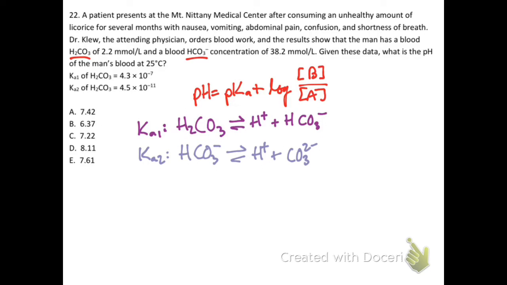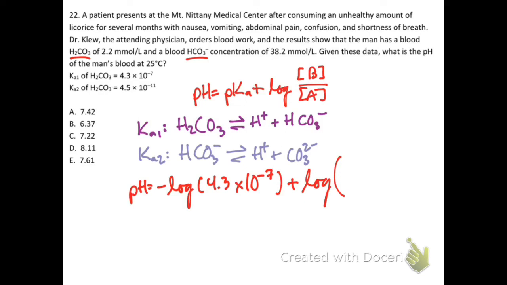So we can plug everything in. pH is equal to pKa, negative log of Ka1, 4.3 times 10 to the negative 7th, plus the log of our base concentration, 38.2 millimolar, over 2.2.